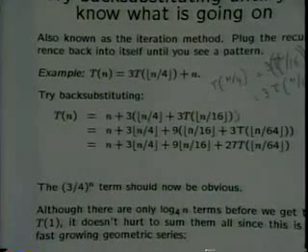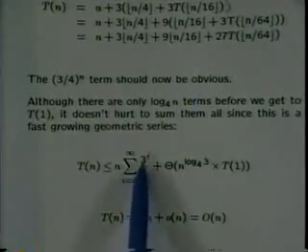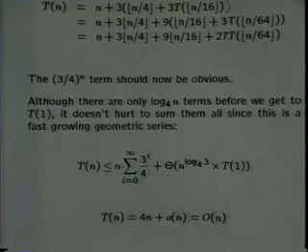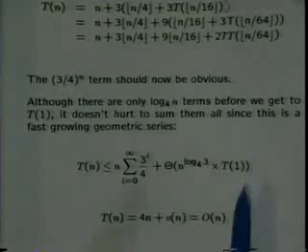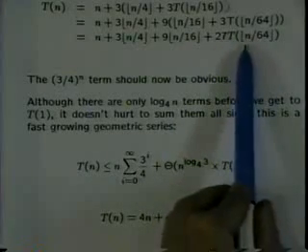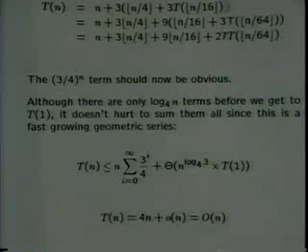The terms that are getting left are going to be the sum of 3 to the i over 4 to the i times n, that is, 3/4 to the i times n. That's what all these terms are. Eventually, if I keep substituting, this term goes down to T of 1, which is going to be a constant.